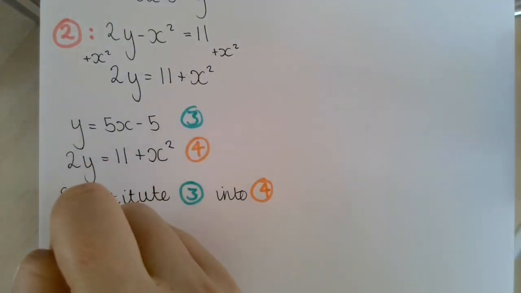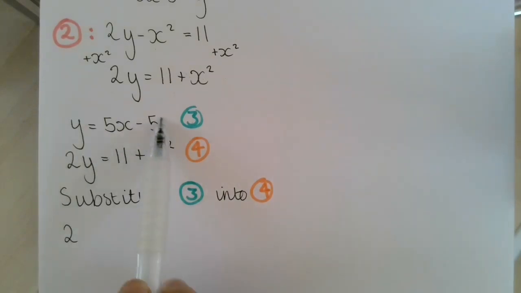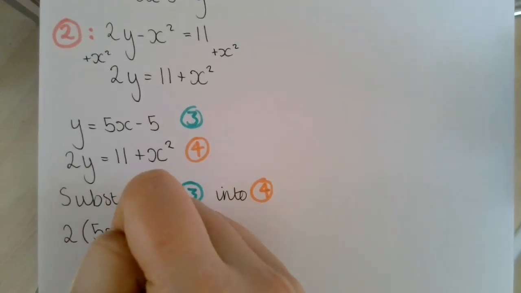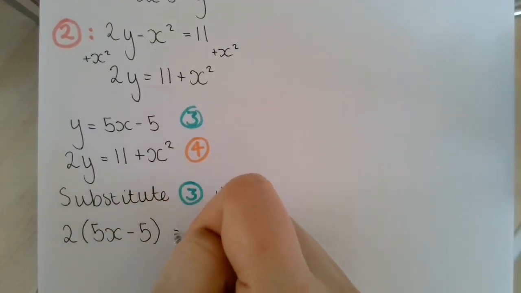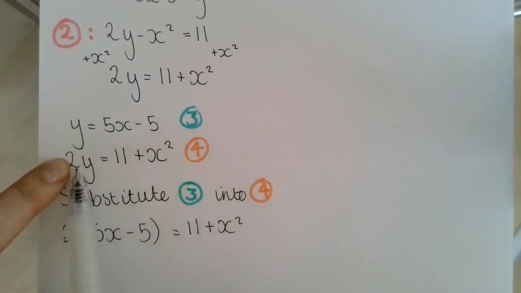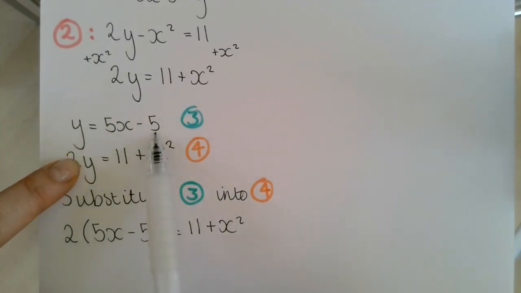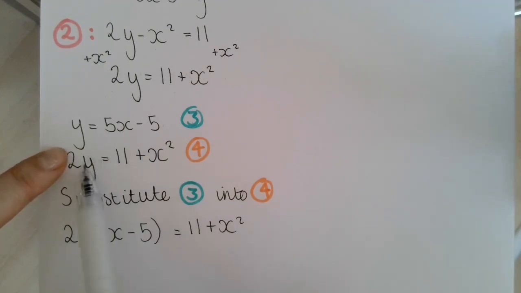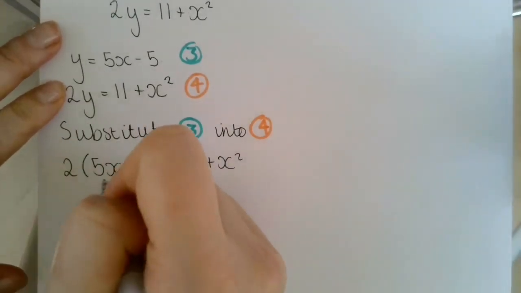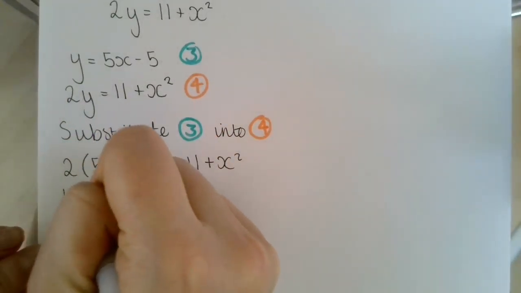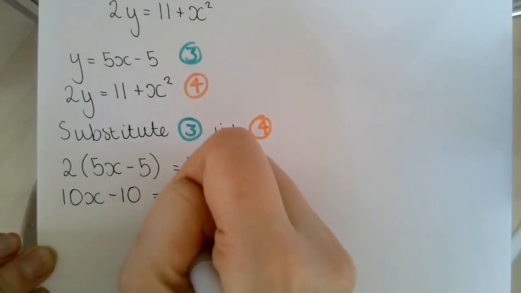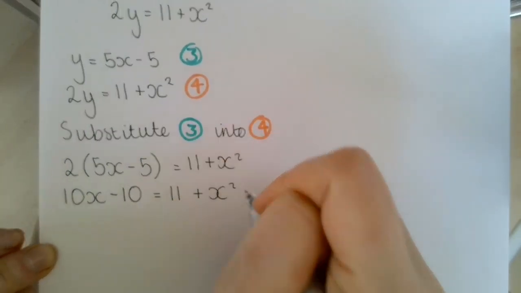So I get 2 lots of y, which is 5x subtract 5, that's equation 3, that's equal to 11 plus x squared. So I've started with equation 4 and substituted y equals 5x minus 5 into that equation. I'm going to now expand this bracket. 2 times 5x, that's 10x. 2 times negative 5, that's negative 10. And that's equal to 11 plus x squared.